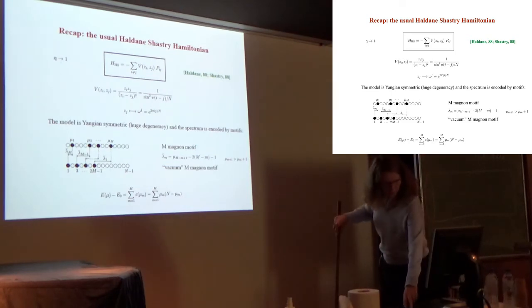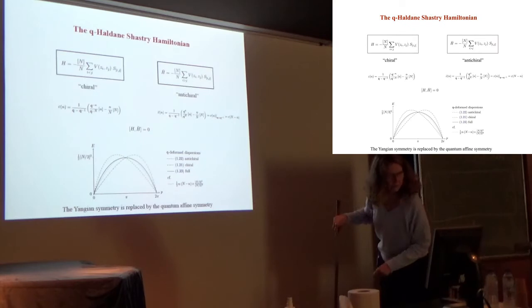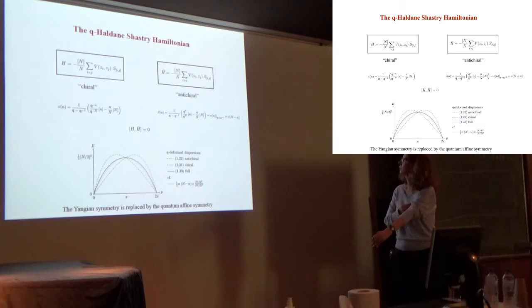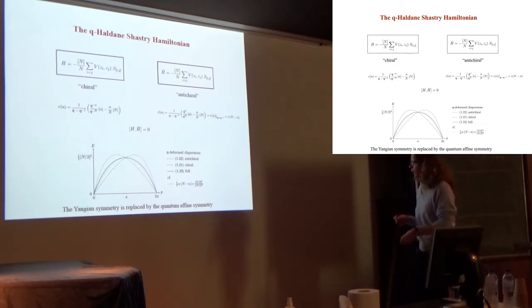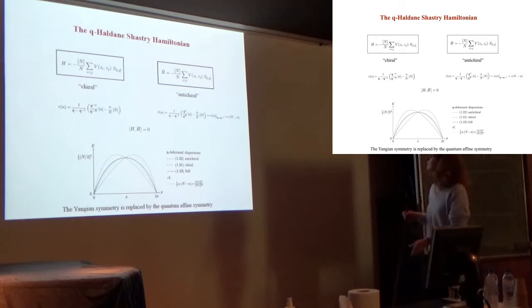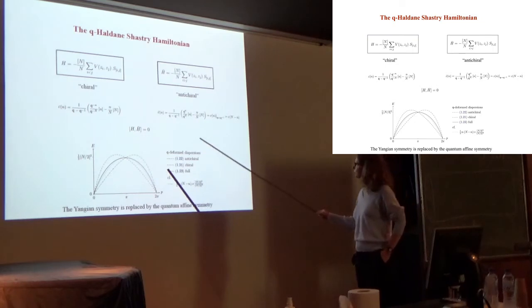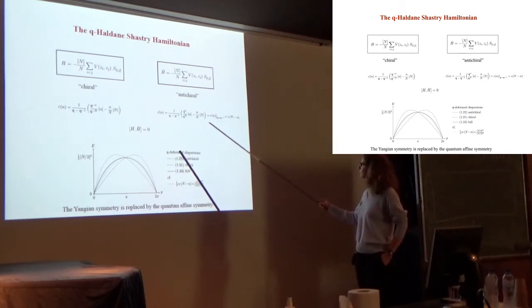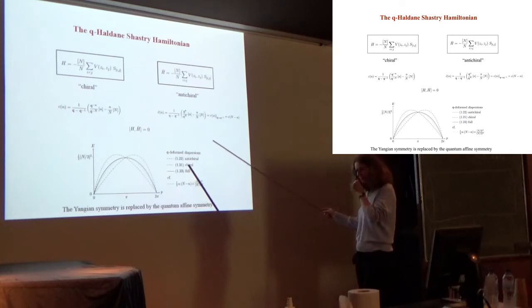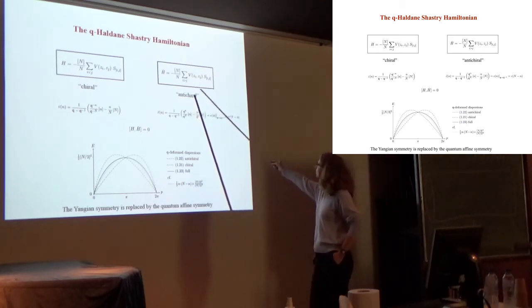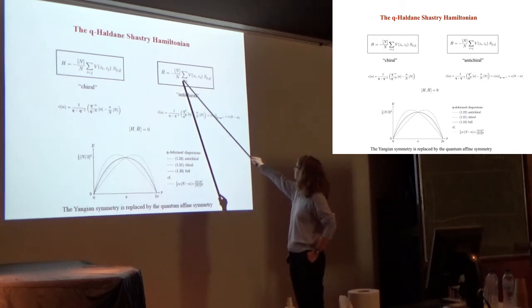So the question is whether these properties survive for the Q-deformed Haldane-Shastry, and the answer is yes. In fact, it's interesting that there is also an anti-chiral version of the Hamiltonian, where now you order the sides in the reverse way.